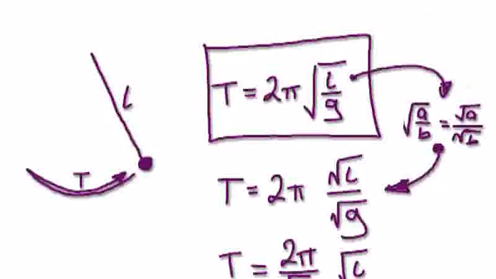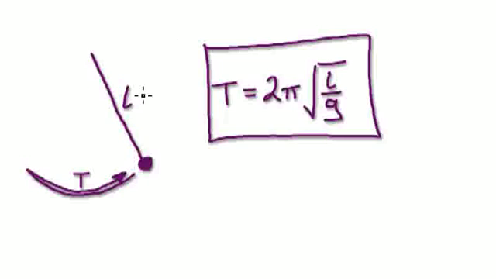Now, my question is, what do I need to do to the length of the string in order to double the period of time? So here we've got a system where you have the length of the string as L, and it takes the time of T to make one swing.